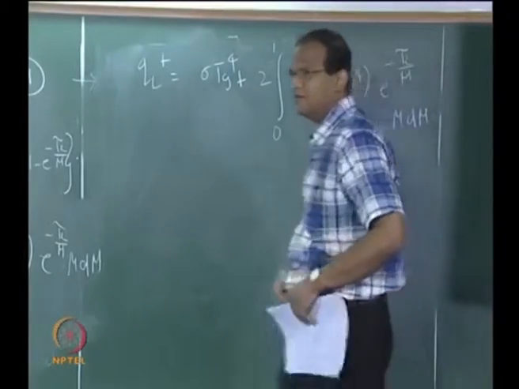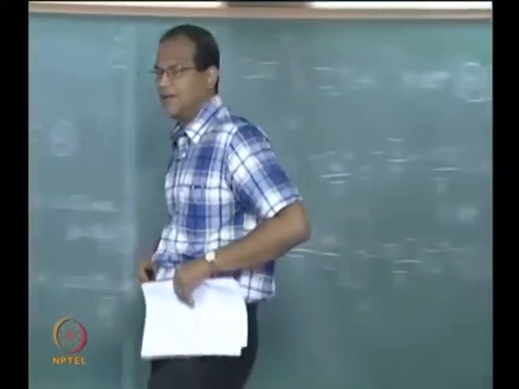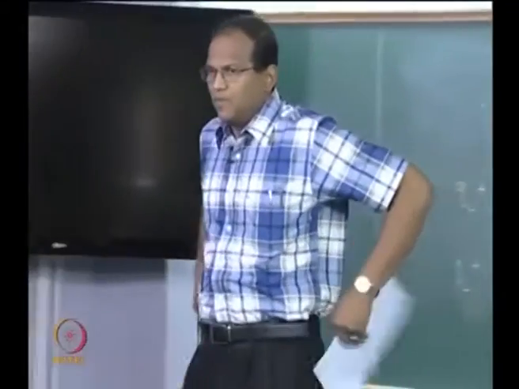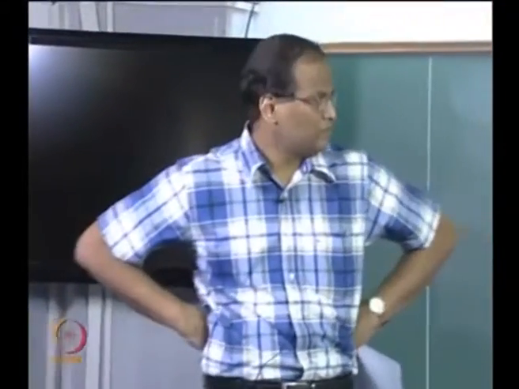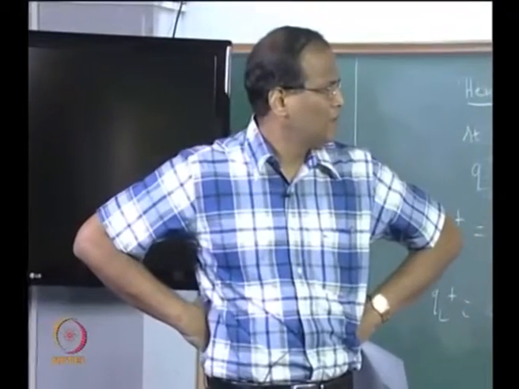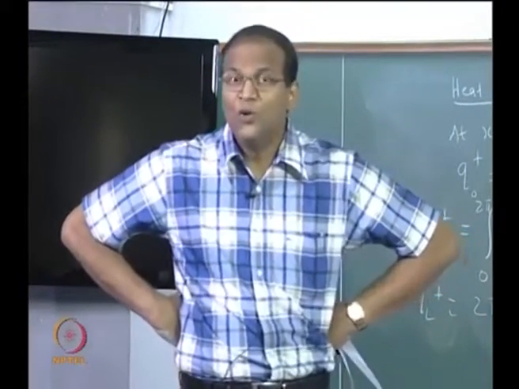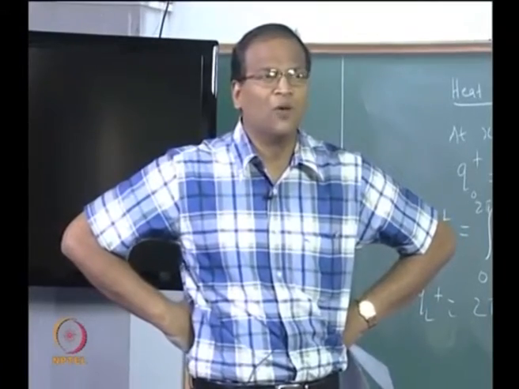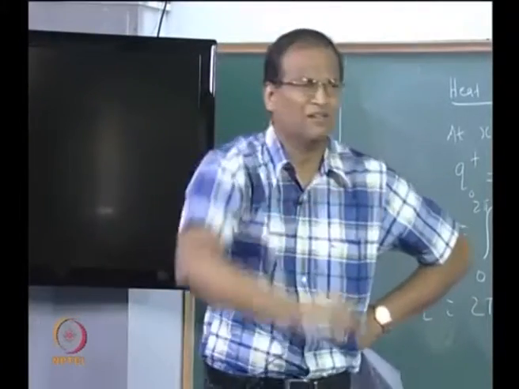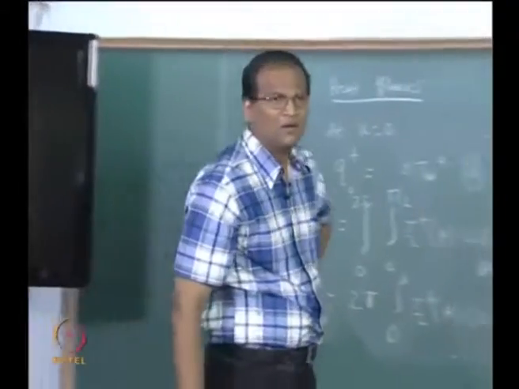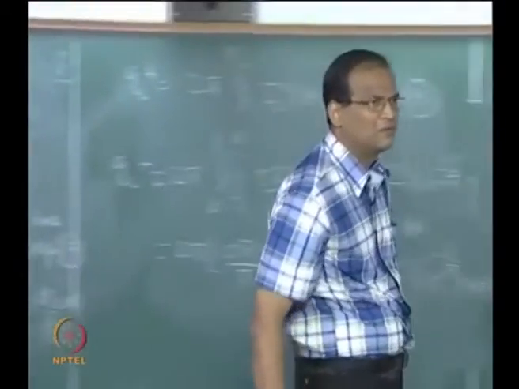I can take the TL to the power of 4 TG out. So you get mu e to the power of minus tau L by mu d mu, it cannot be integrated, do whatever you want.